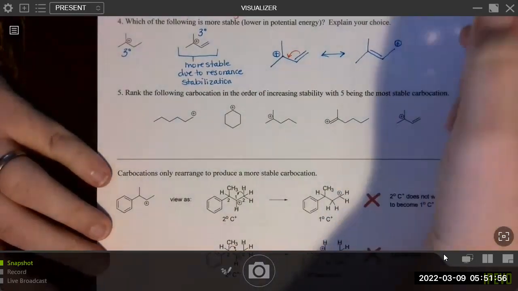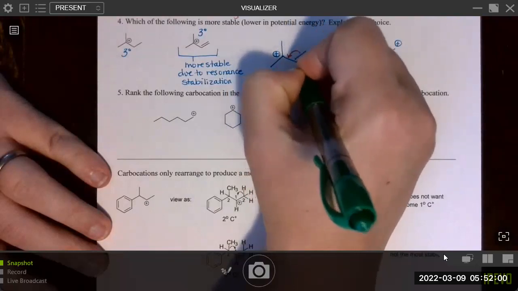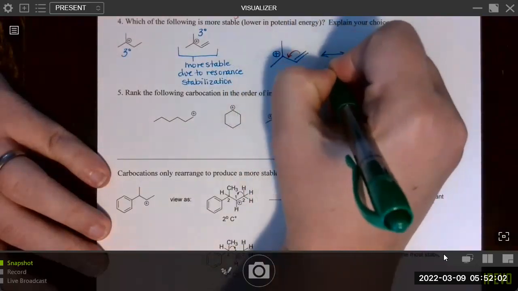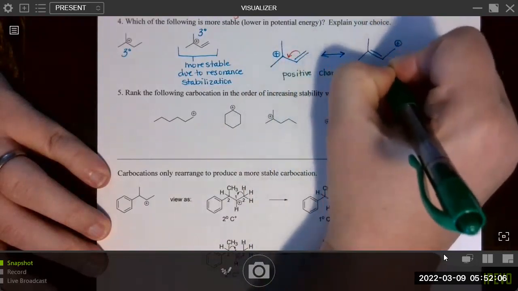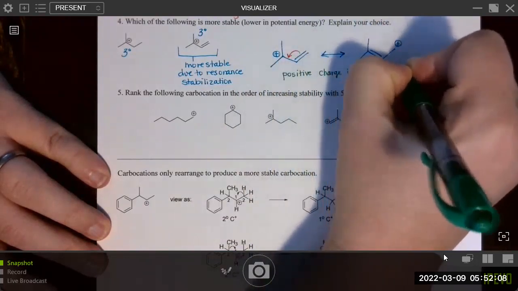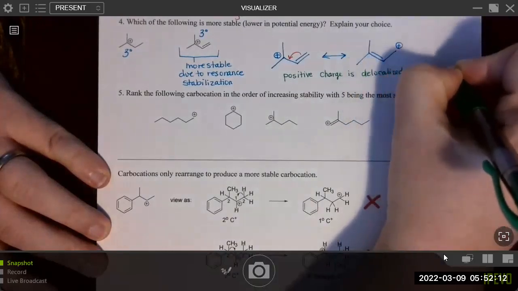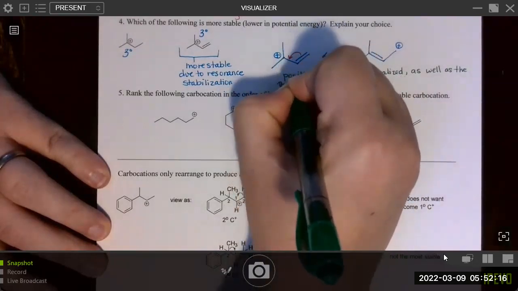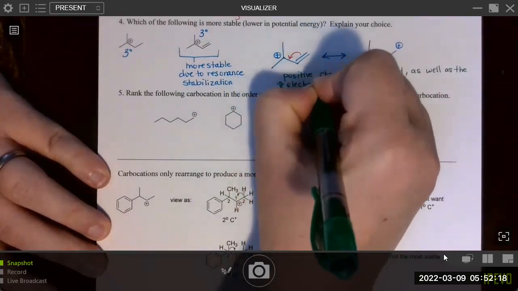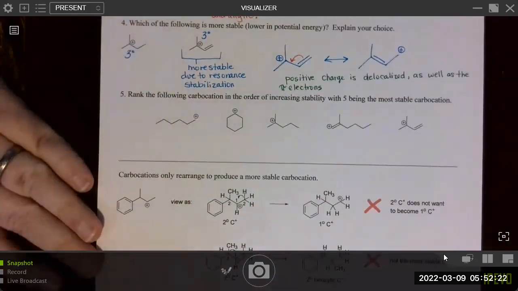We could even say the positive charge is delocalized, as well as the electrons. Right, whereas again over here, the positive charge is localized on just that one carbon.